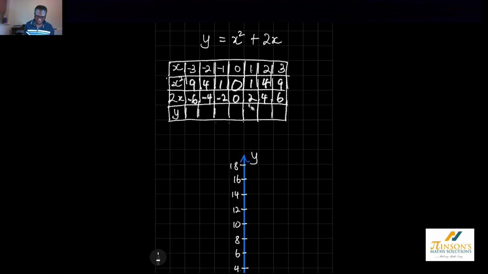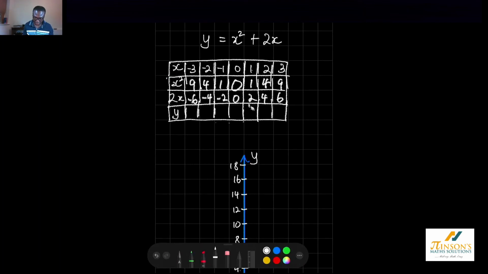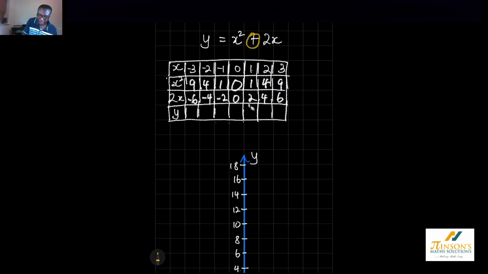Now to work out what y is from the equation we were given originally, we know that our y is where we add our x squared and our 2x. So we're going to add the x squared column to our 2x column.